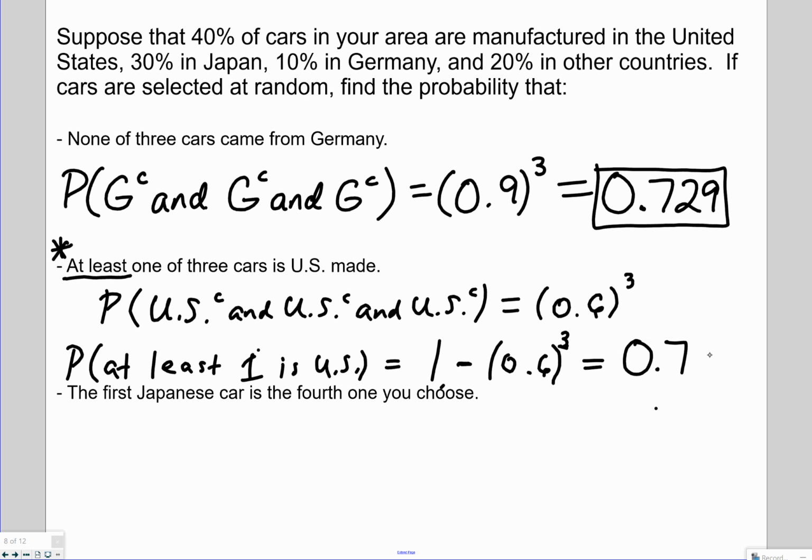Very good, Aaliyah. So what is the likelihood that at least one of the three cars that we look at is from the US? 78.4%. That's fairly high, which makes sense because what's the largest percentage of manufactured cars in this whole group of cars? The US is 40. That's the highest. So this is 0.216, and then 1 minus 0.216 is 0.784.